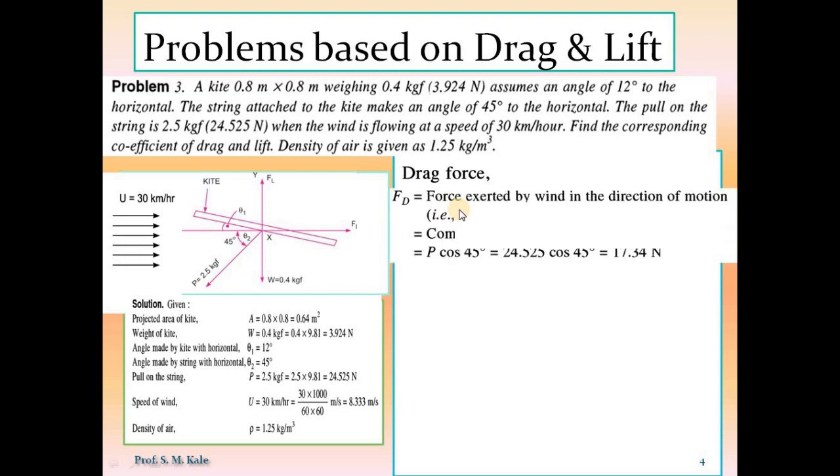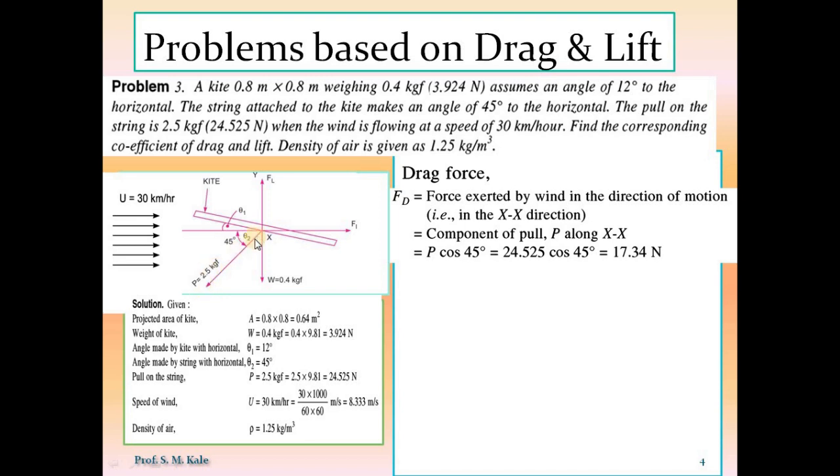So to calculate the value of drag force, I have to take the horizontal component of P and the horizontal component of W. But as W is acting in the vertically downward direction, the horizontal component of weight of the kite will be equal to 0. So I need to take the horizontal component of pull inside the string.